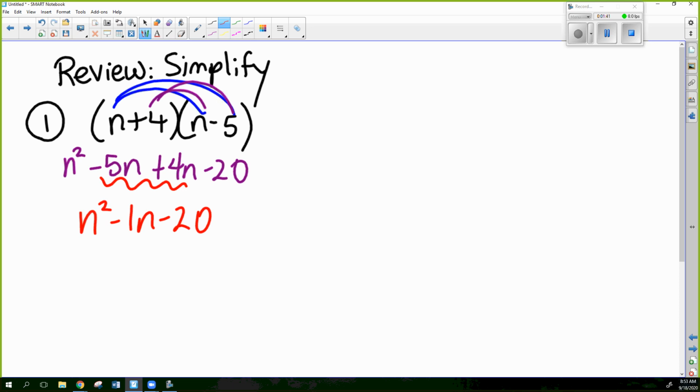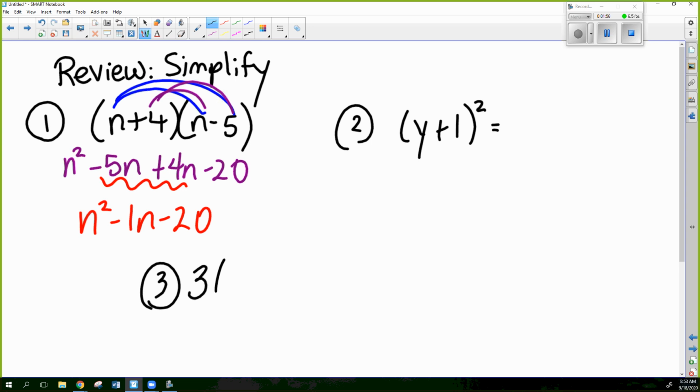All right, so let me give you a couple more to think about. I only have 3 total, so I only got 2 more for you. Now, there is a little bit of a special case to each one of them.